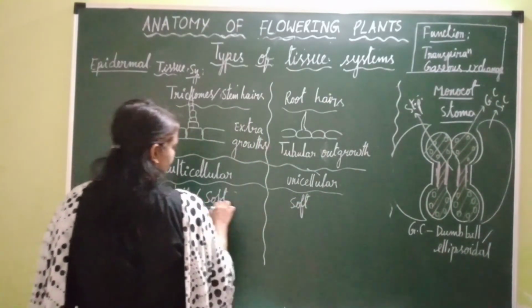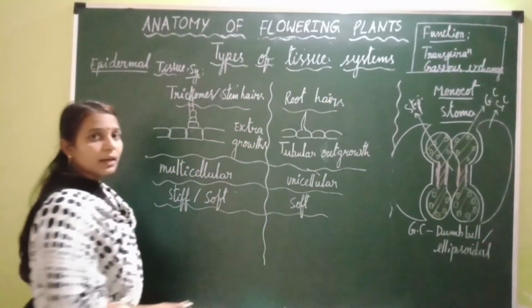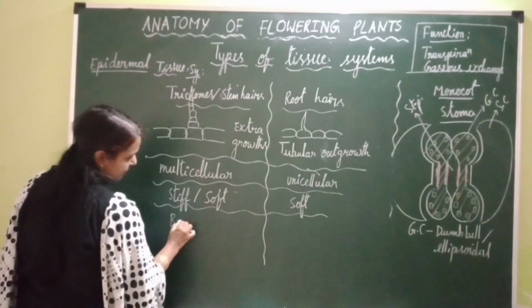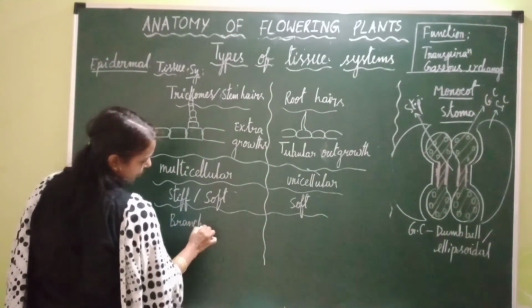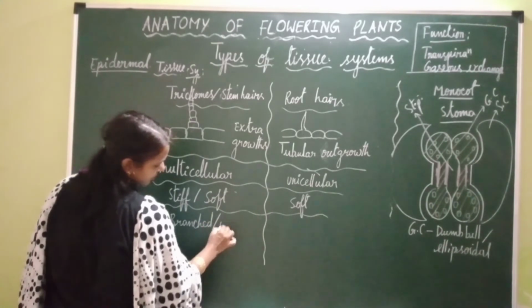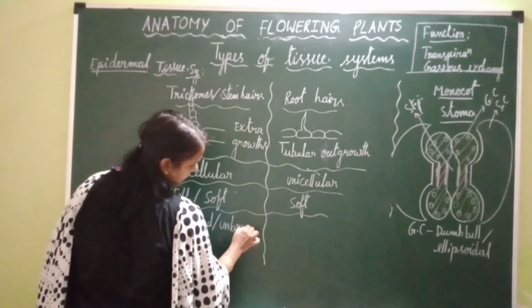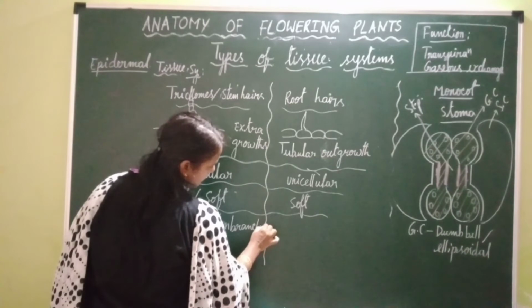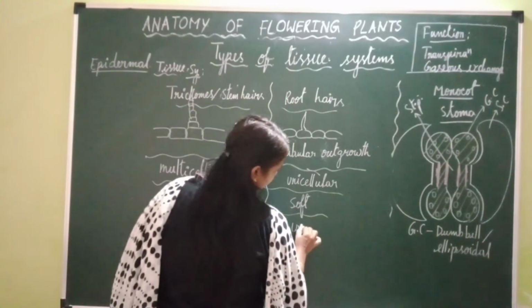Trichomes can be branched or unbranched, whereas root hairs are always unbranched.